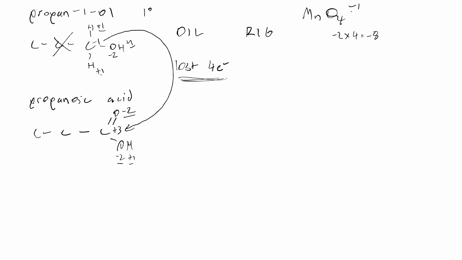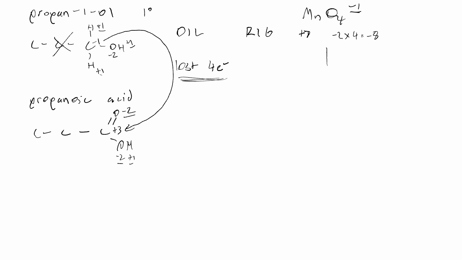Now we've got to equal -1. That's the overall charge on this ion here. So we can say that +7 minus 8 would give us our overall charge here of 1 minus, or -1. So in this case, the manganese atom here has a +7 oxidation state.